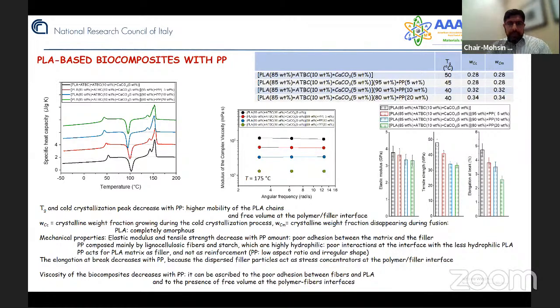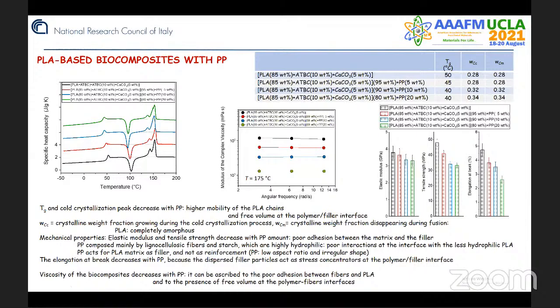The elongation at break decreases with the potato pulp because the filler particles act as stress concentrators. As regards the viscosity, the viscosity of the biocomposite decreases with the potato pulp. This can be due to poor adhesion and the presence of free volume at the polymer-fibers interface.